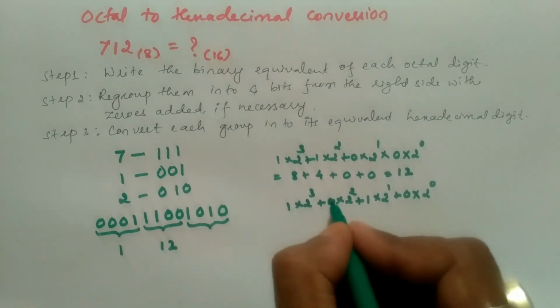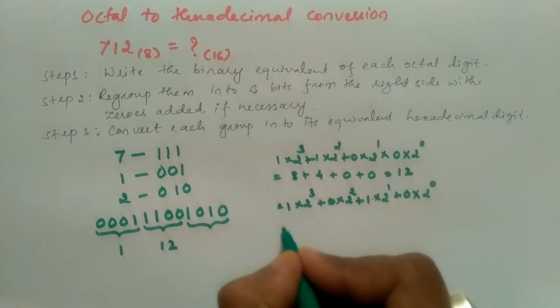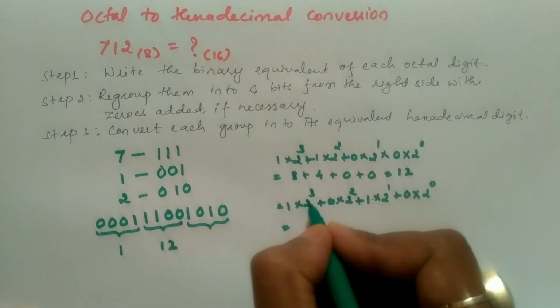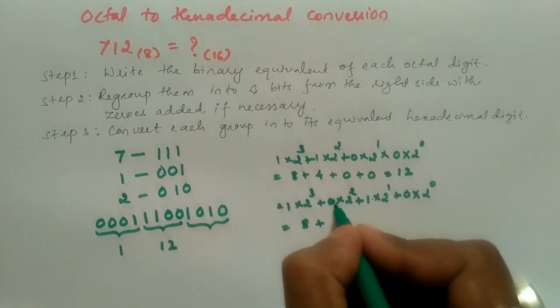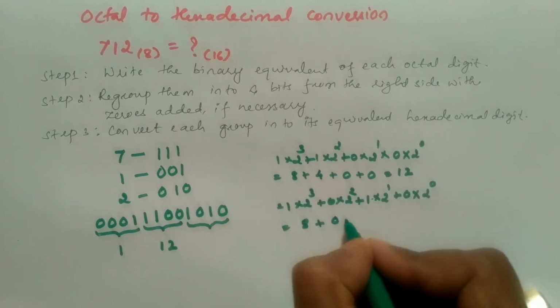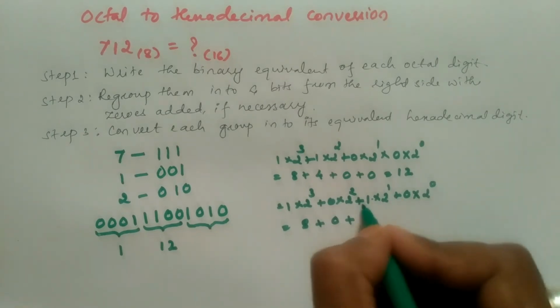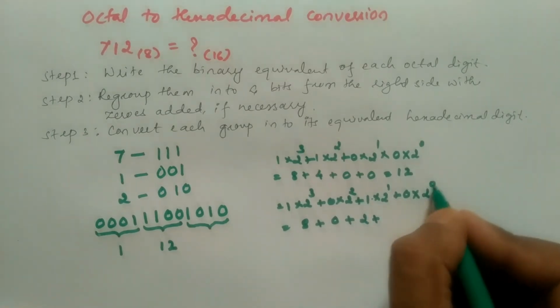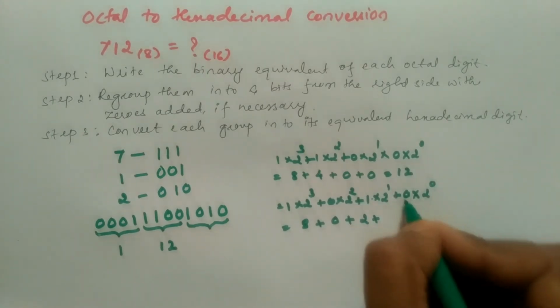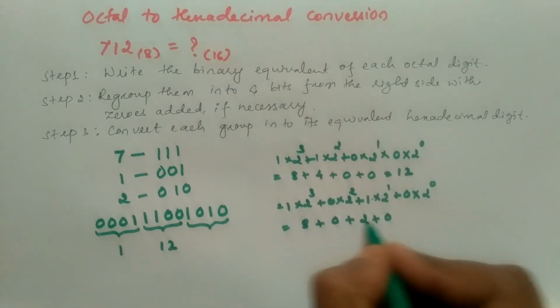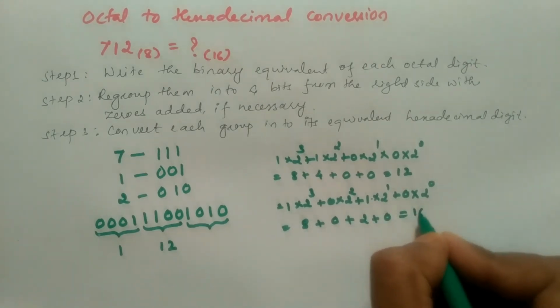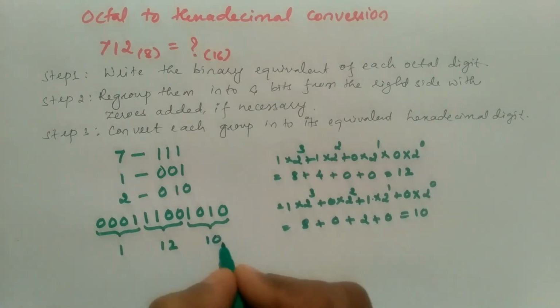So you can see we have written 1010. Next, 2 to the power 3 is 8, 8 ones are 8, plus anything into 0 is 0 only, so we write 0. 2 to the power 1 is 2, 2 into 1 is 2, plus 2 to the power 0 is 1, 1 into 0 is 0. So 8 plus 2 gives me 10. So here I write 10.